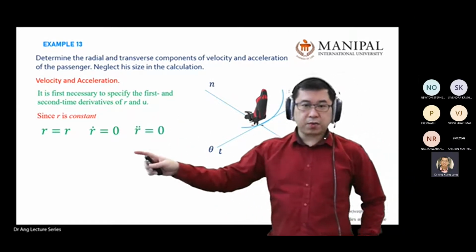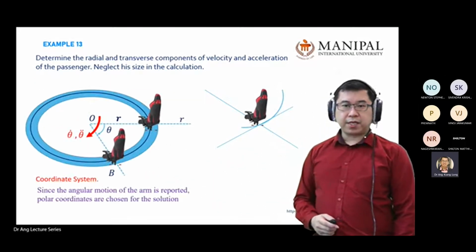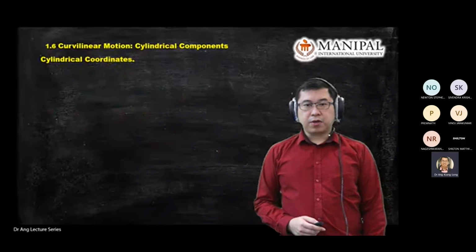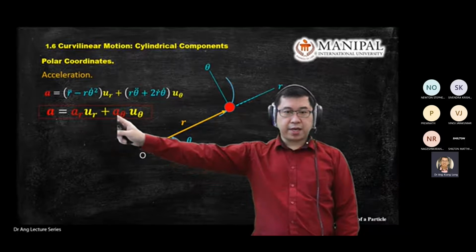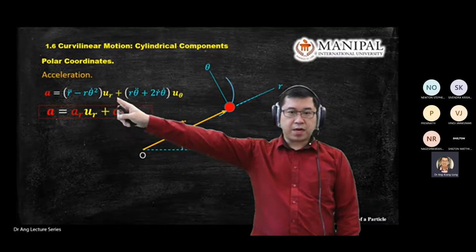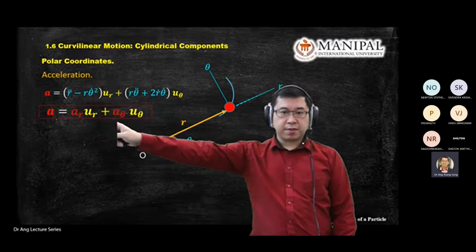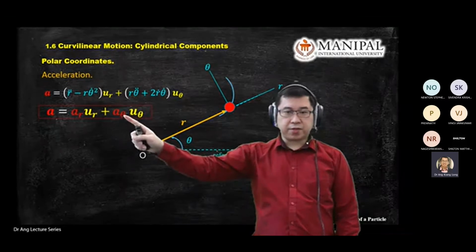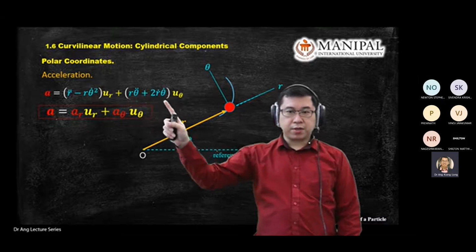Now, what is the reason why we do all these three derivations? Because previously I showed you this morning before we started this example, your acceleration equation: a equals a_r u_r plus a_theta u_theta, and a_r equals r double dot minus r theta dot squared times the u_r direction, and the acceleration in the transverse direction a_theta equals r theta double dot plus 2 r dot theta dot.